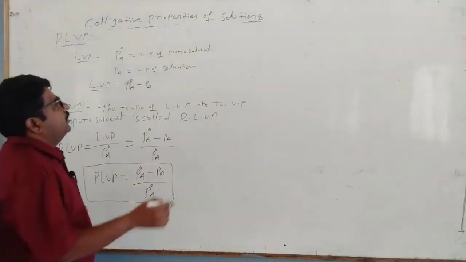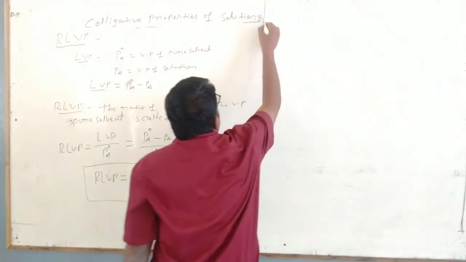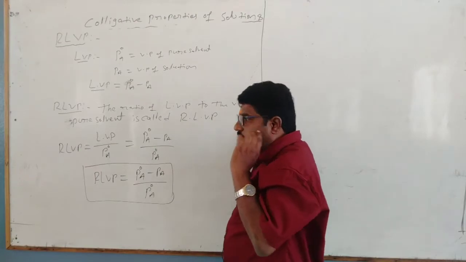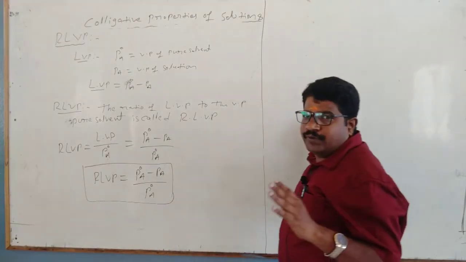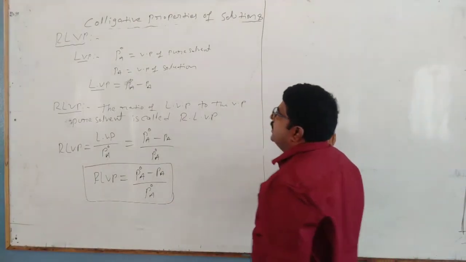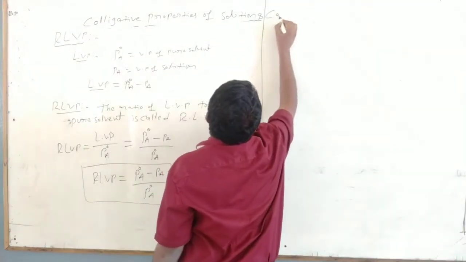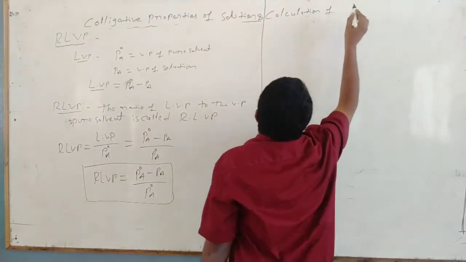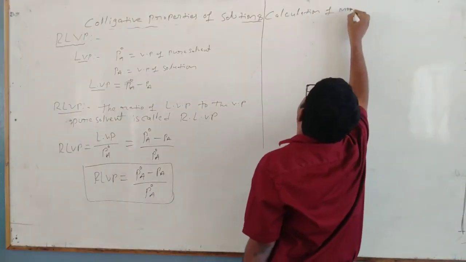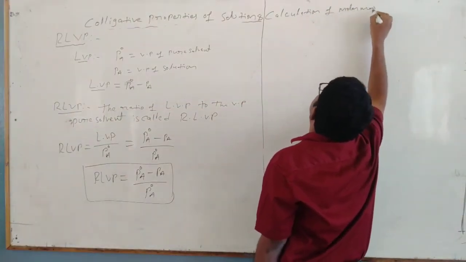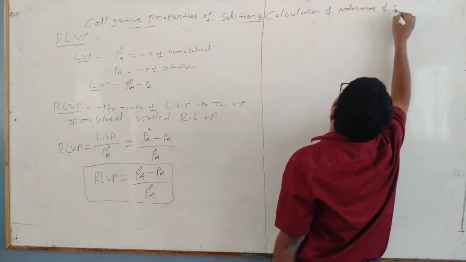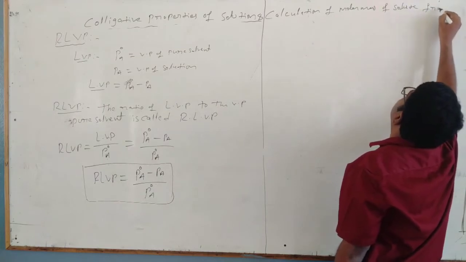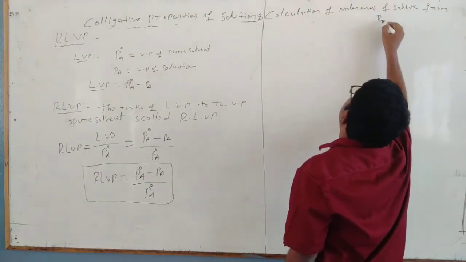So how to calculate relative lowering of vapor pressure? How to calculate the molecular weight of solute from relative lowering of vapor pressure? That is the calculation of molar mass of solute from RLVP.